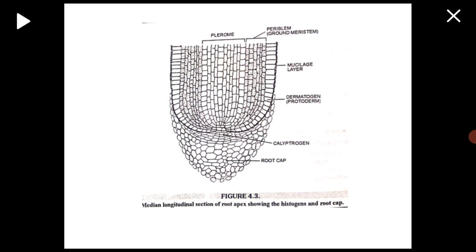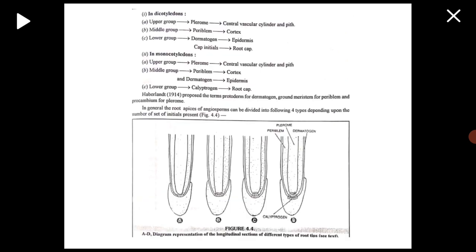In angiosperms, there are usually three or sometimes four groups of initials. In dicotyledons, the distal group of initials forms cap and dermatogen. The median group forms the periblem and the innermost group forms the plerome.